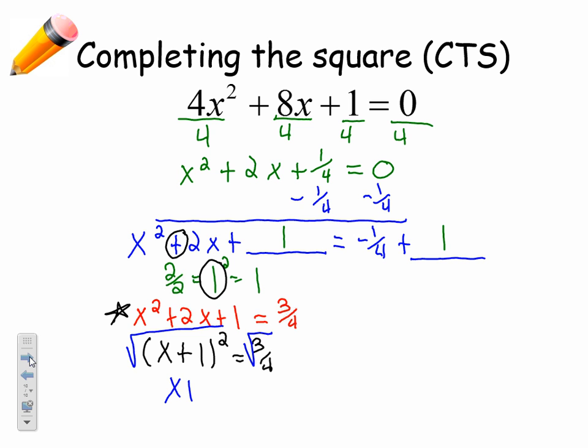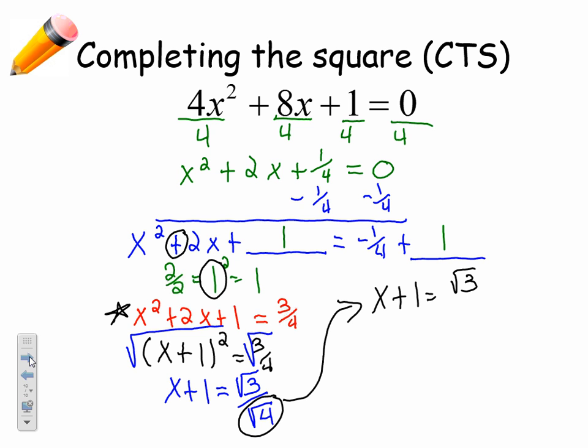So x plus 1 equals, now remember we can write this as the square root of 3 over the square root of 4. And lucky enough for us, we don't have to go through a lot of things. We can just put x plus 1 equals square root of 3, and square root of 4 is a perfect square, so it's just going to be over 2. Oh my goodness, I forgot my plus and minus.